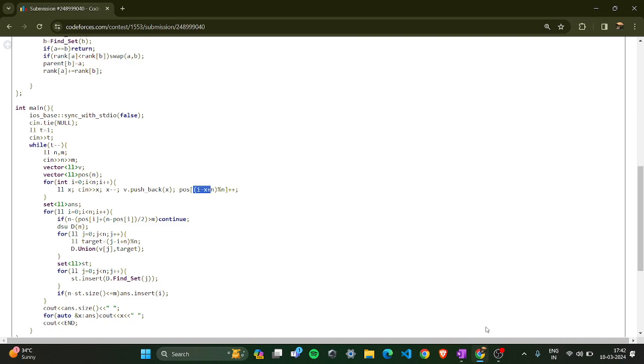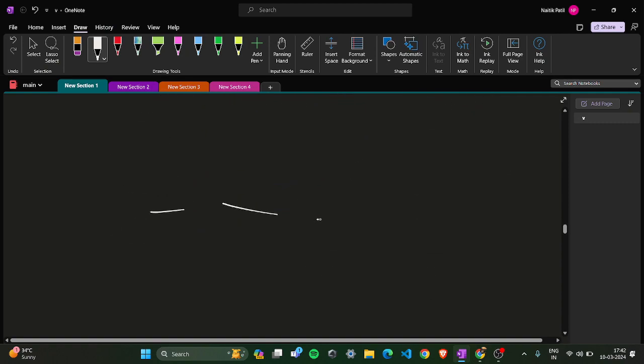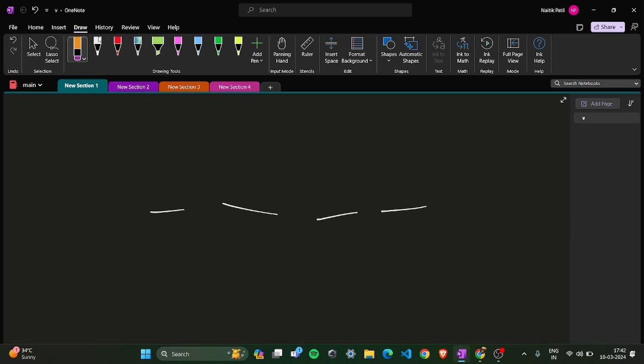So let's suppose it was something like 1 2 4. For this one, what I'm storing is its desired position is 1, and its current position is 3.